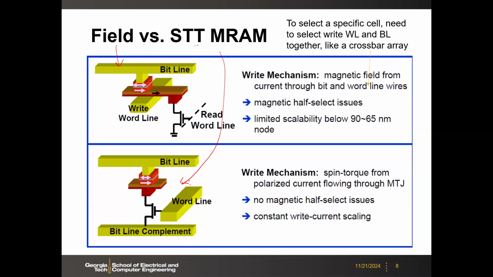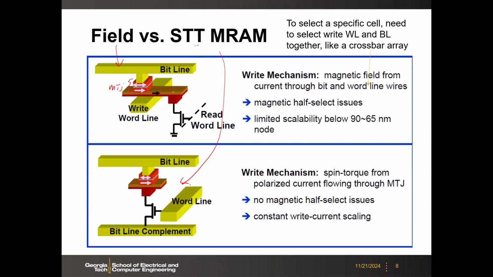In the field MRAM, the MTJ is here, and you need a selection transistor here. The write operation is done by another wire that is underneath the MTJ, and between them there's isolation.